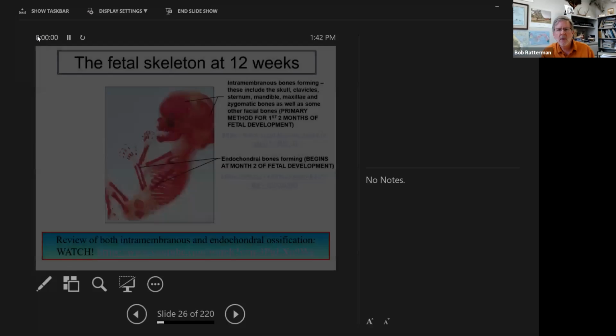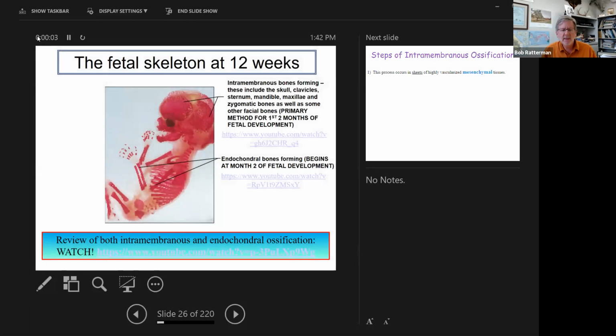All right. So this particular slide is kind of interesting. It is a cast of a fetus at 12 weeks of development. So we're talking 3 months, right? And you can, of course, see many of the same skeletal, well, I shouldn't say skeletal because it's not quite bone yet. You can see many of the same structures from a structural point of view as we have in ourselves.